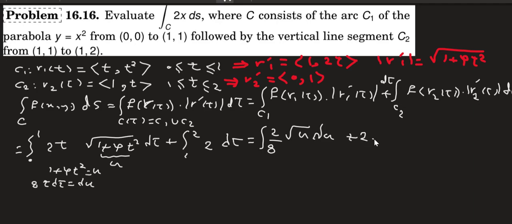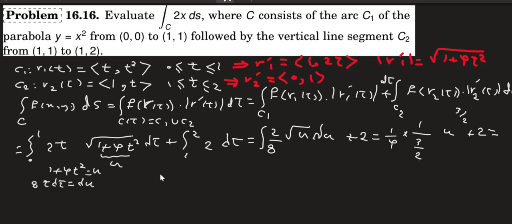Now this integral will be 1 over 4 times u to the power 3 over 2, divided by 3 over 2, because the power is 1 over 2 and 1 over 2 plus 1 is 3 over 2, plus 2. And then we can replace u by 1 plus 4t squared.